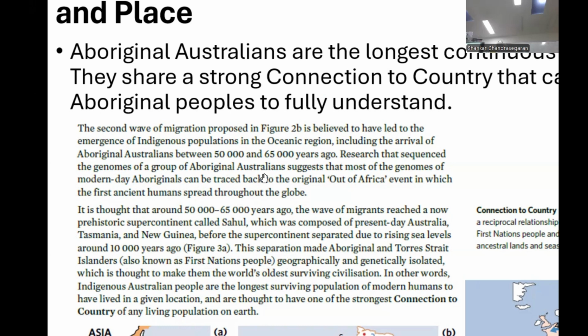So it is thought that a wave of migrants reached the prehistoric supercontinent called Sahul, which consists of Papua New Guinea and also Tasmania, and this separation made the Aboriginals and Torres Strait Islanders, also known as the First Nations people, become genetically and geographically isolated, which is thought to have made them the world's oldest surviving civilization.